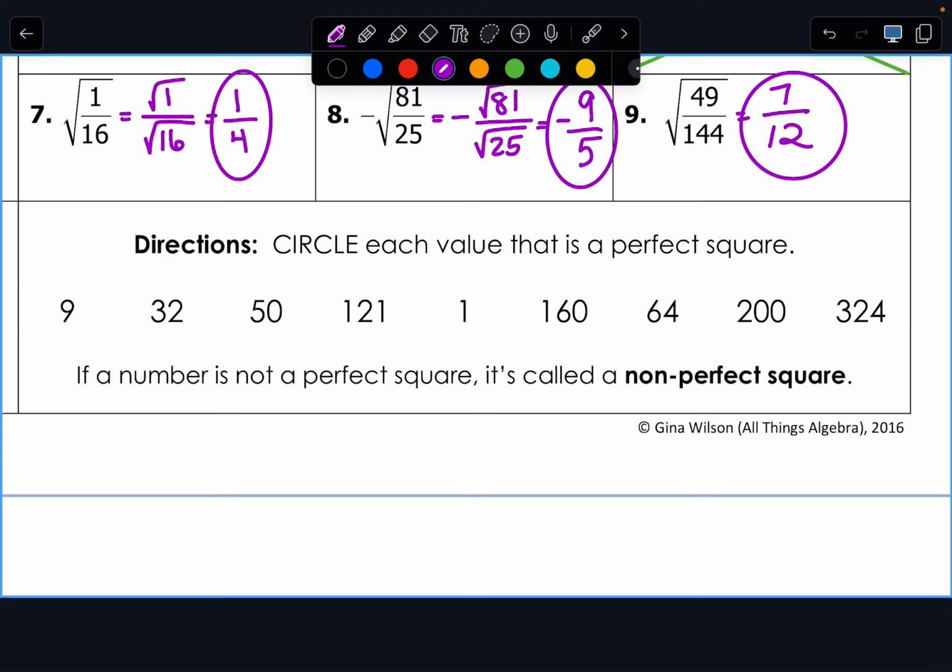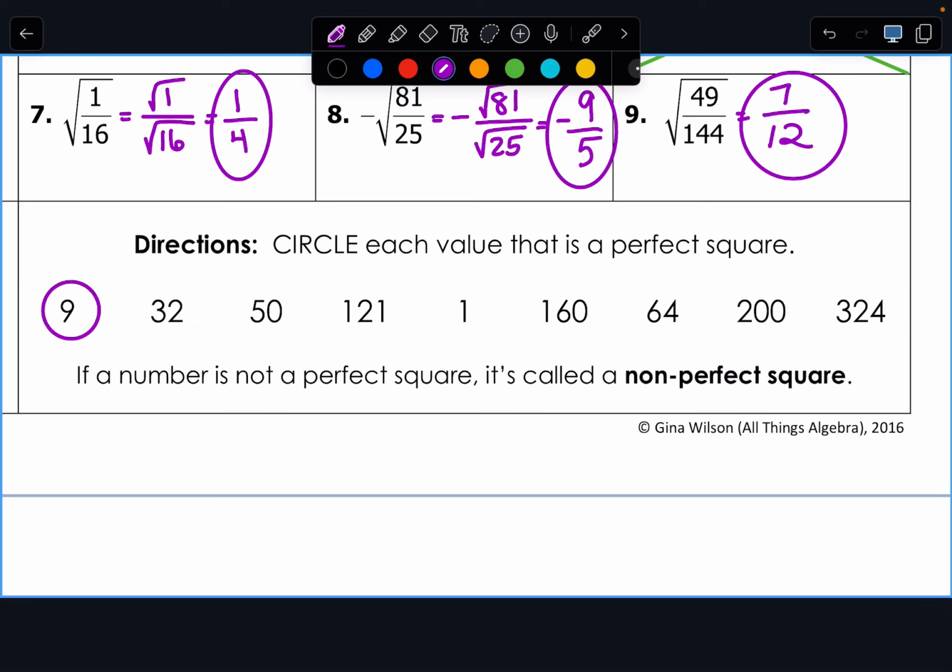Once you get some notes written down. All right. Colton, give me one of the numbers you circled. Is 50 in our chart? No. Okay, Sophia's giving me 9.